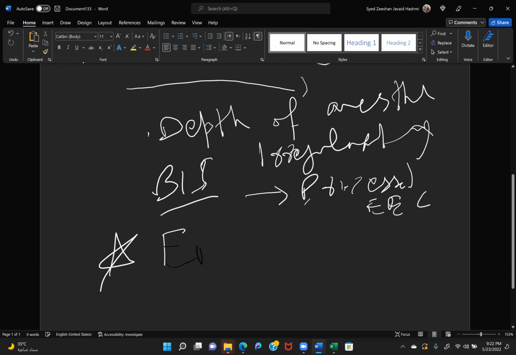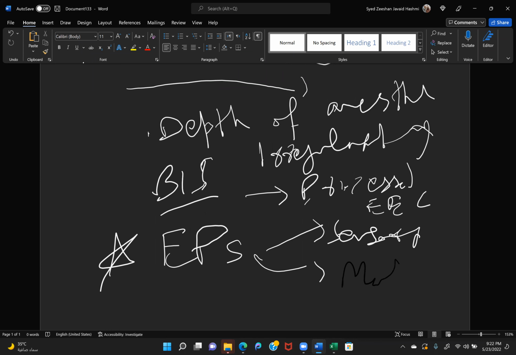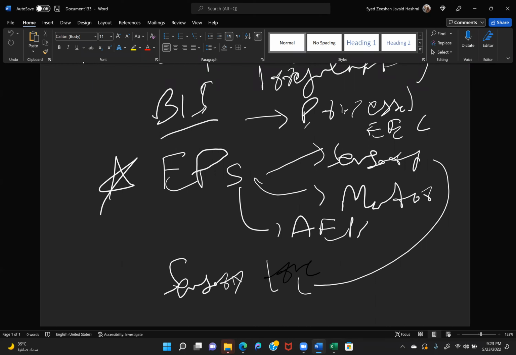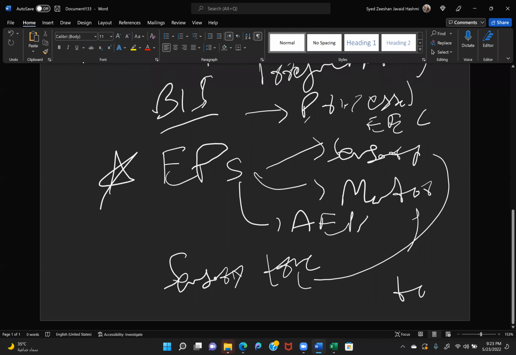In evoked potentials, there are sensory evoked potentials, motor evoked potentials, and auditory evoked potentials. So they are checking the integrity of the sensory tract and motor tract. What is the main sensory tract and motor tract?